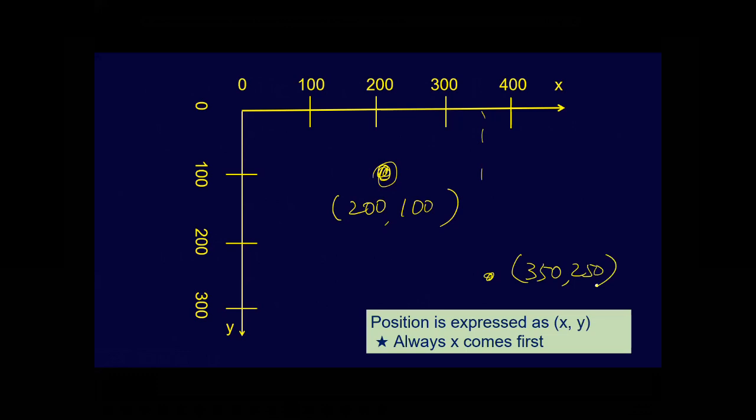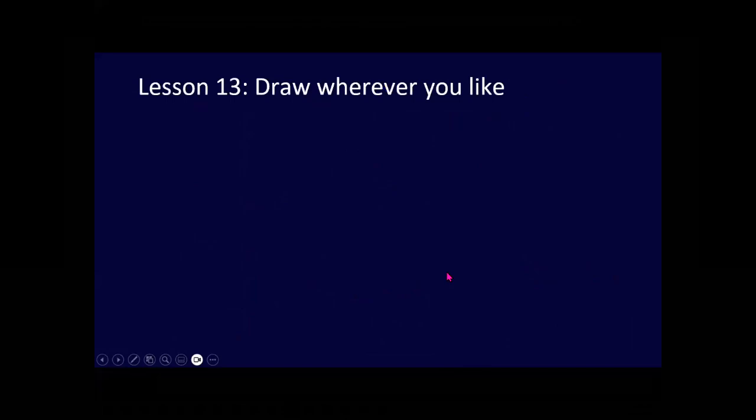Are you satisfied with this? Okay, here, for example, tell me, 50, 100. Okay, it's like this. A position is always expressed as a coordinate pair of x and y. X always comes first.